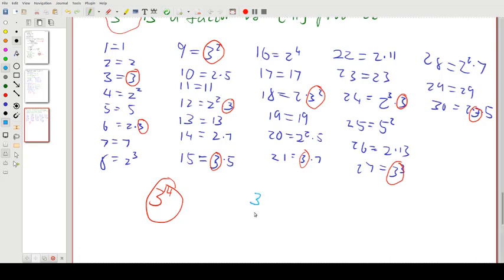That would be 3, 6, 9, 12, 15, 18, 21, 24, 27, and 30. Those are actually the only ones we need to look at, but I just thought I'd do everything so we could see that's the answer. And we could do the same for 2's or 5's or 7's. But I thought that was quite a good question.